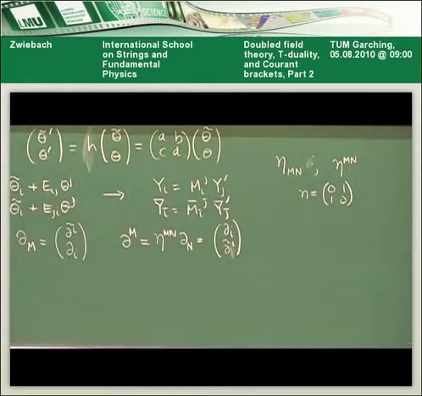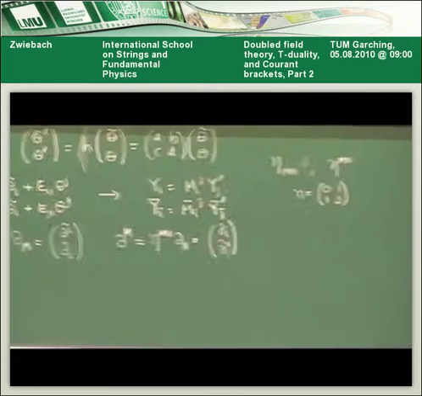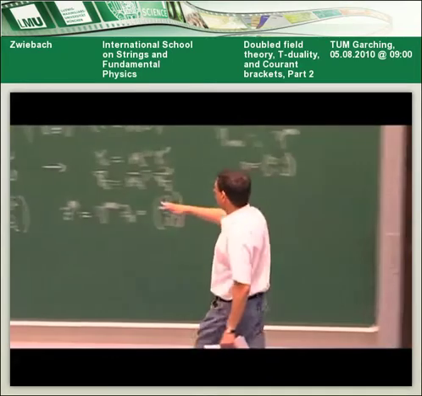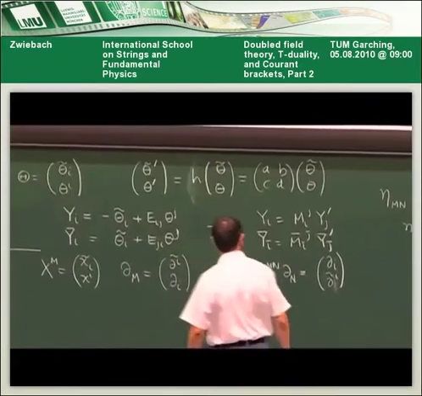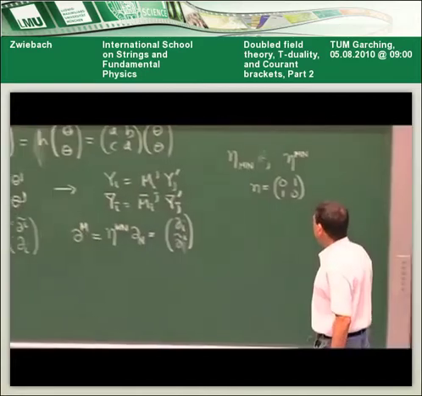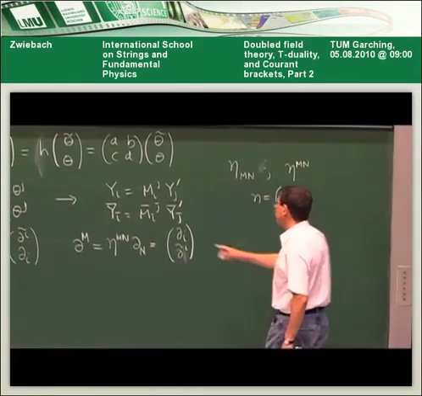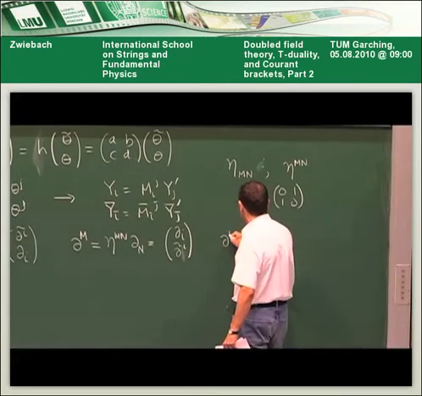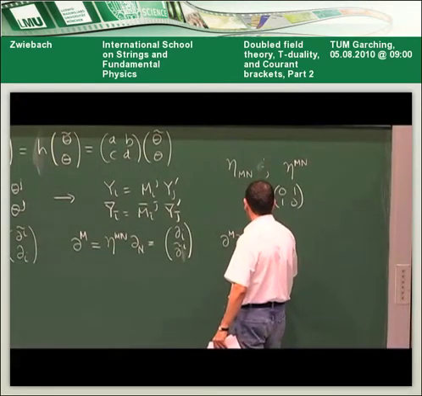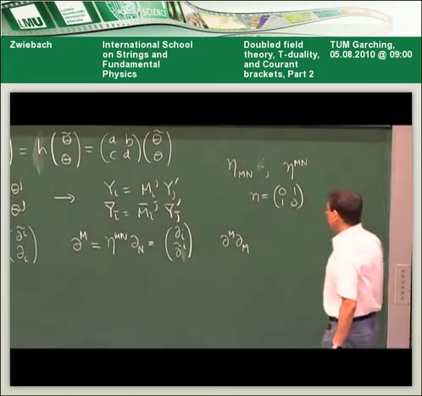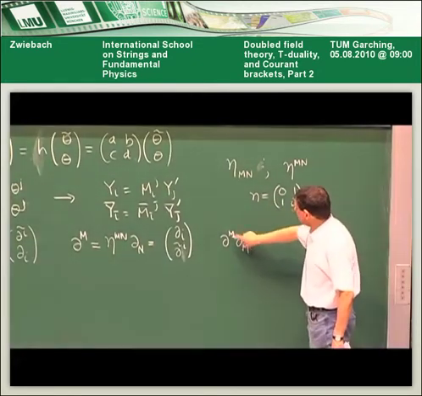So, okay, we're trying to do an application of these ideas. We're almost there. I can't resist doing one more thing before doing this, is to compute what is d^M d_M. This should be an ODD scalar.